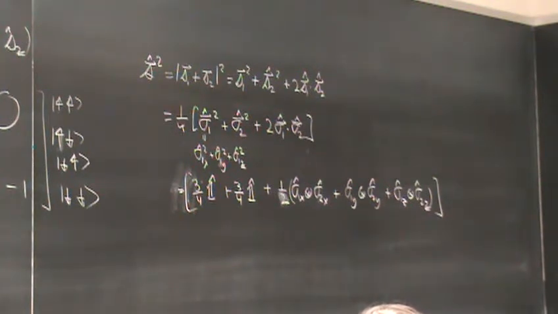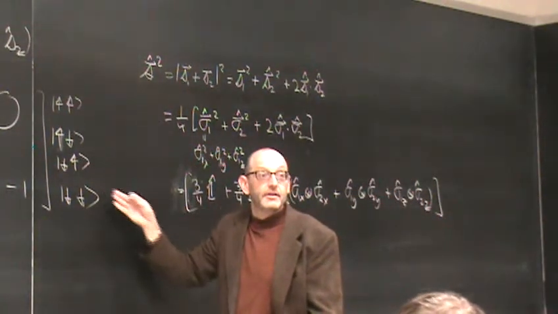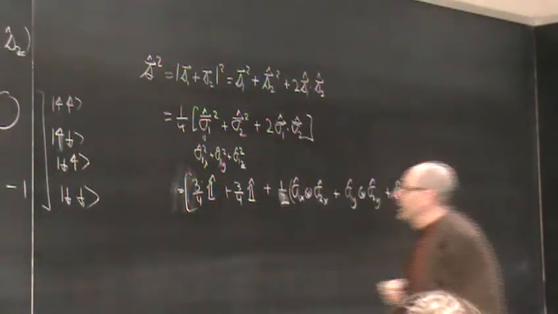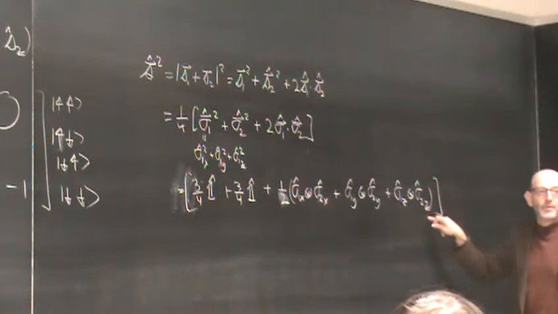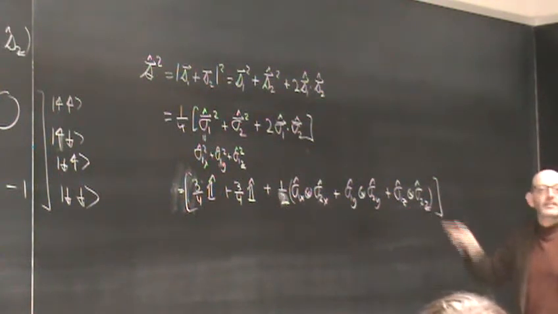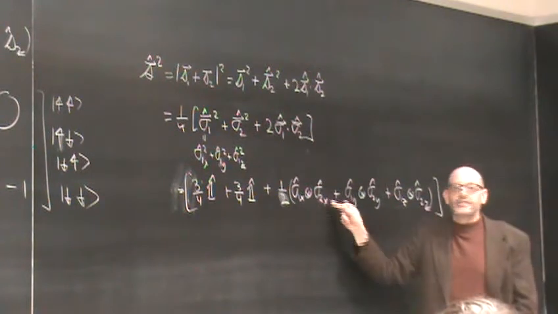How am I going to write a matrix representation of this operator in this basis? Well, I know this part is easy, right? These guys, we know what they do. They're plus or minus 1. But what about the sigma x's and sigma y's?